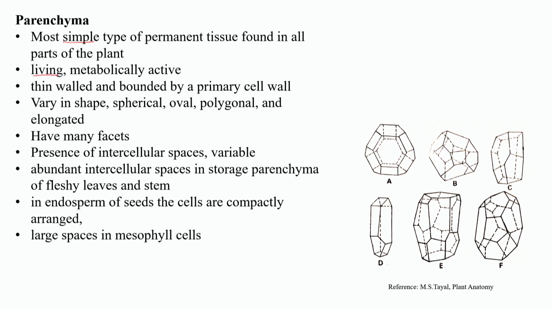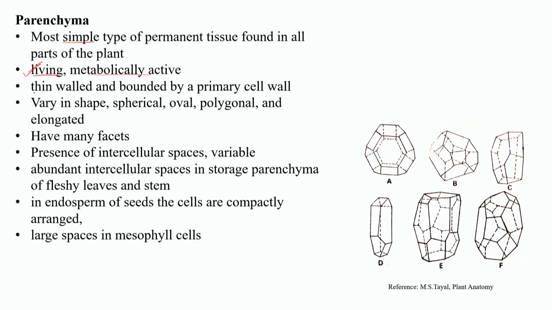The important thing is that they are living tissue, metabolically active. Since they are living, they perform a lot of metabolic functions like catabolism and anabolism. All these things go on inside the cells of this permanent tissue.